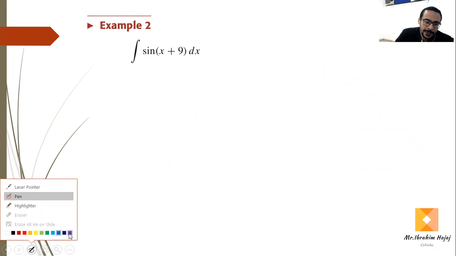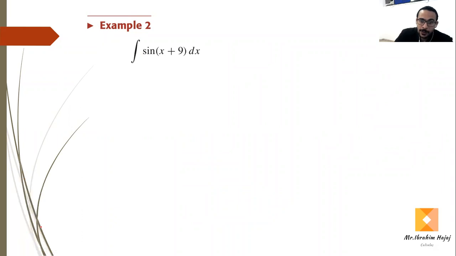Let's move on to the next question. Also, we have a trig function, sine of x plus 9. So what's the problem here, guys? Can you do it as negative cosine of x plus 9 over what? Over 1? No. Since my angle here is not only one term, I have to use the u substitution method.